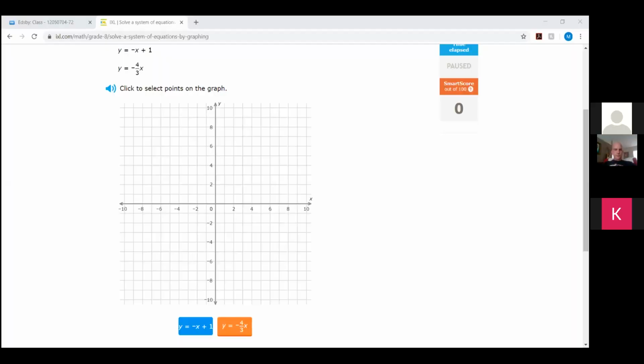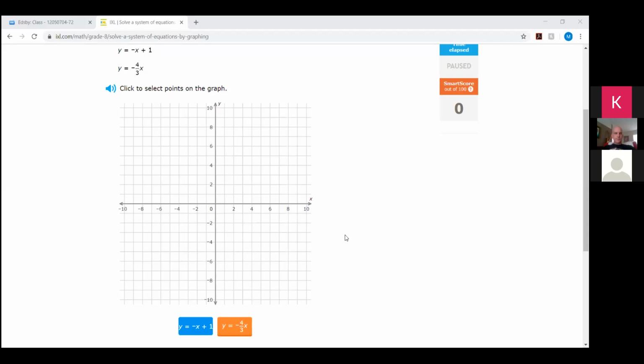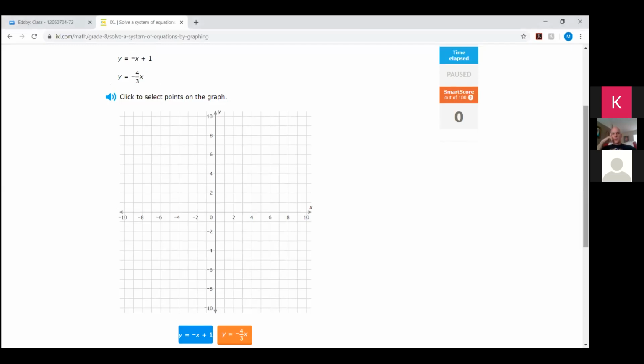I'm quite confused. On what in particular? Just in general. Okay, you know how to work this by clicking between the different equations at the bottom? Yeah. Okay, start with that one.